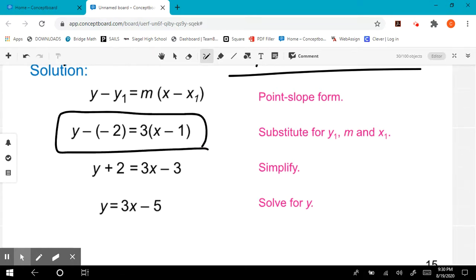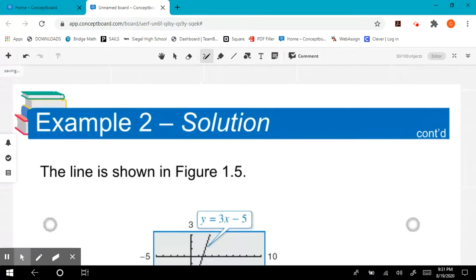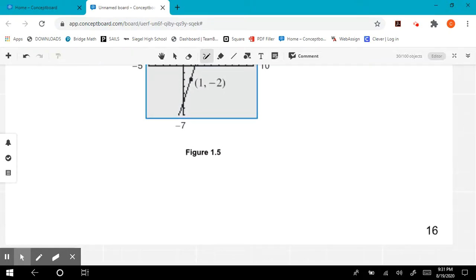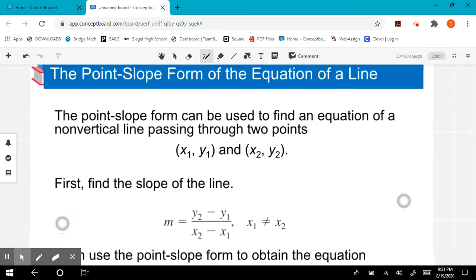That's the point slope form, except you would say plus a positive instead of minus a negative. They put this into a simplified form, which is usually how we would leave our answer, but we'll talk about that more in a minute. And there's the equation of the line. We'll go on past that. We're not really ready to talk about that.